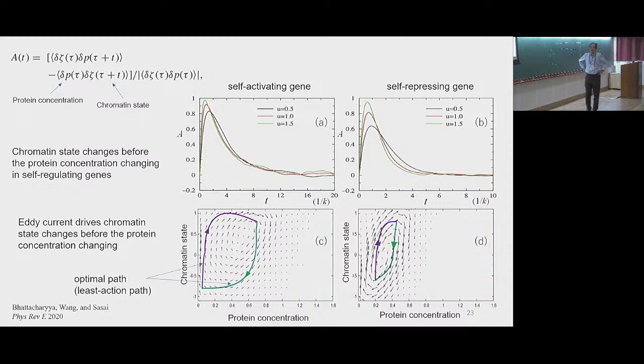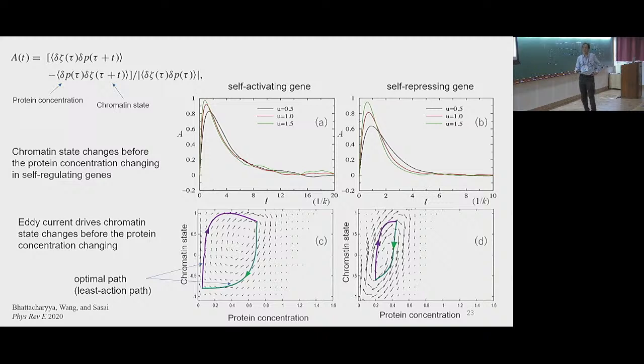So actually, in many molecular processes during the cell differentiation from the early development, histone state change is earlier than the gene expression change.